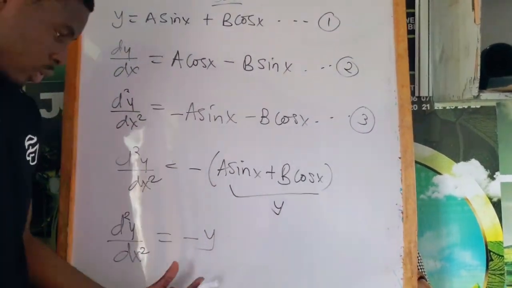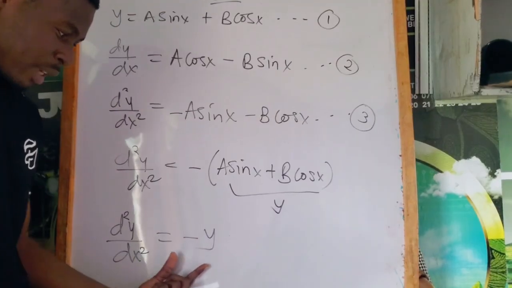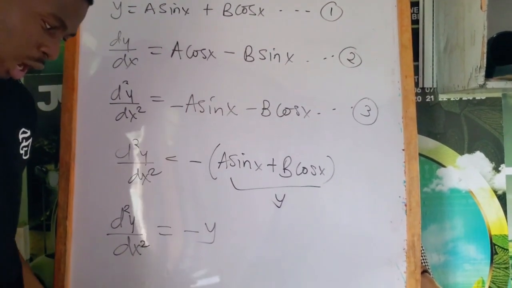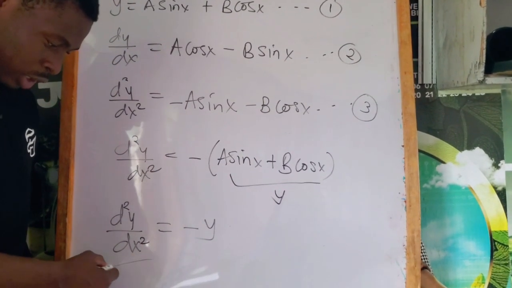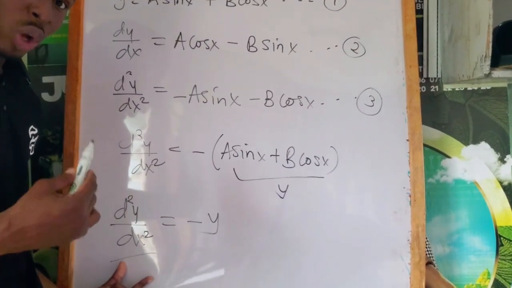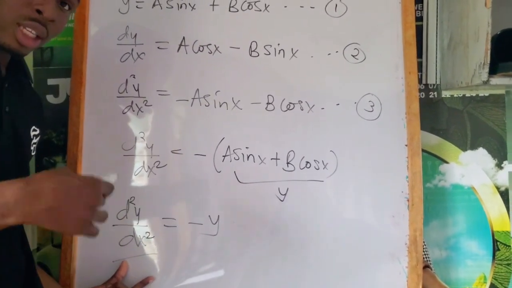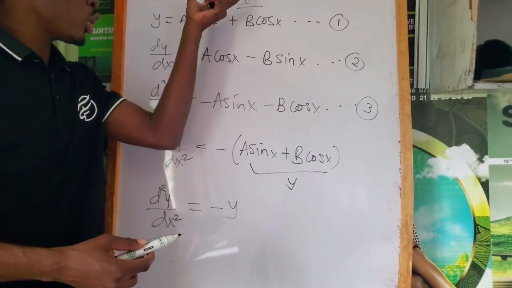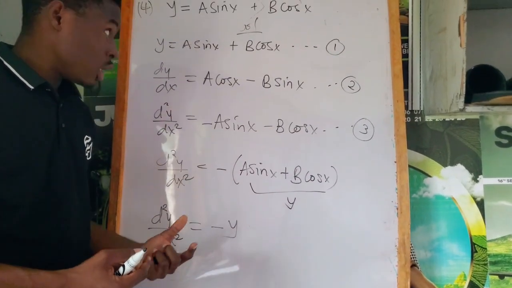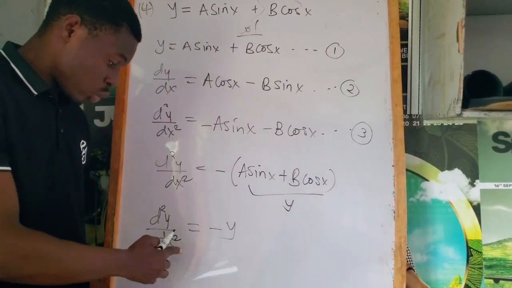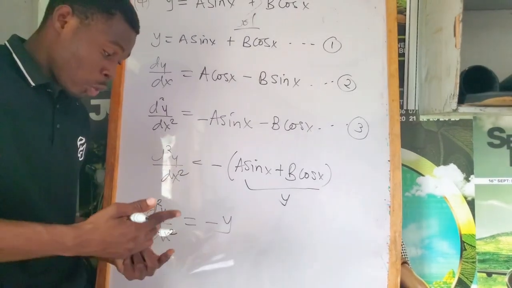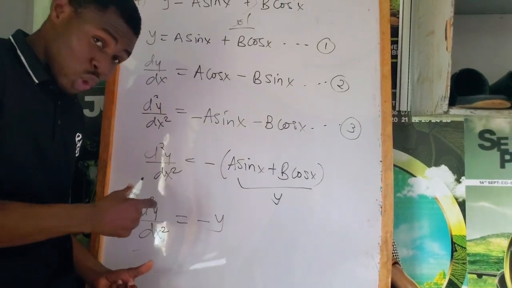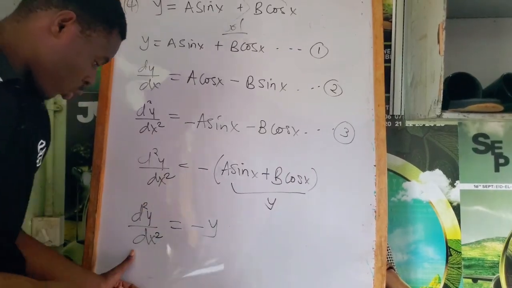All right, so you can see we have eliminated all the arbitrary constants, and we are able to maintain the second derivative, which is exactly what we need. Because anytime you try to eliminate the arbitrary constants, depending on how many they are, you try to retain the highest differential coefficient in that equation.